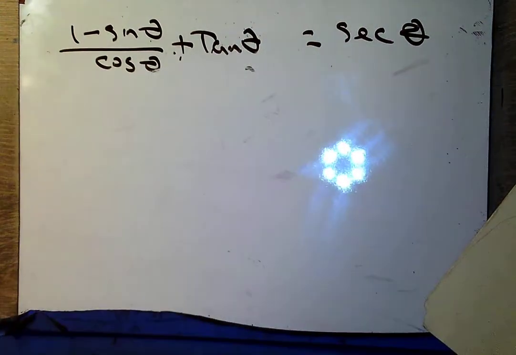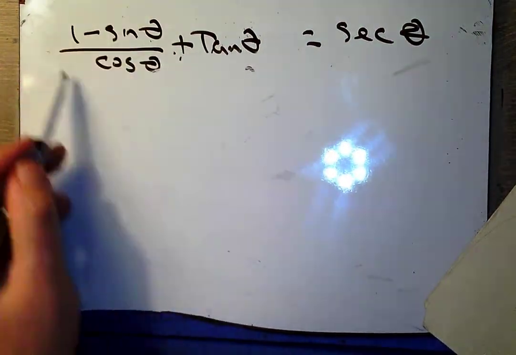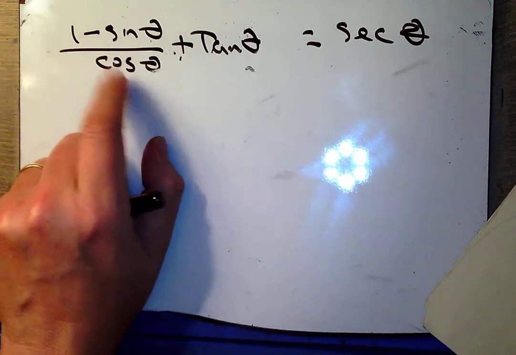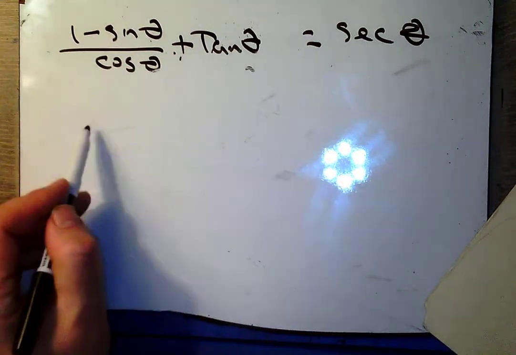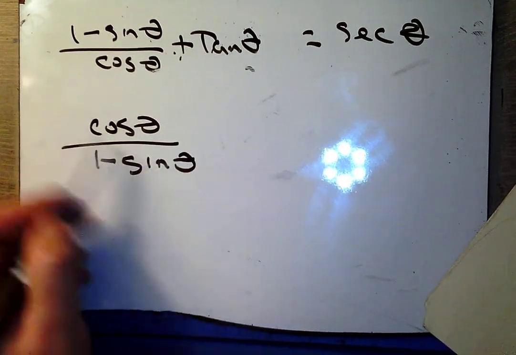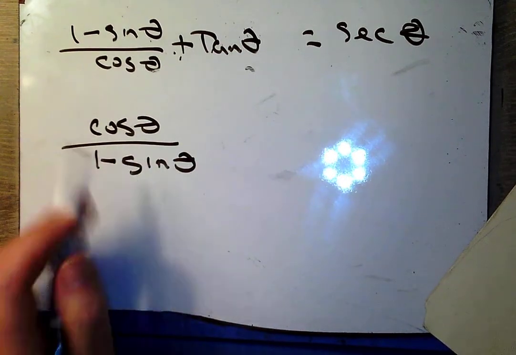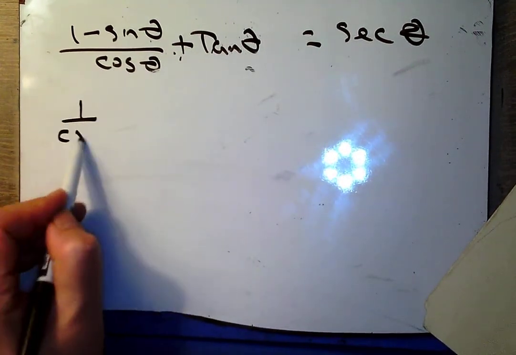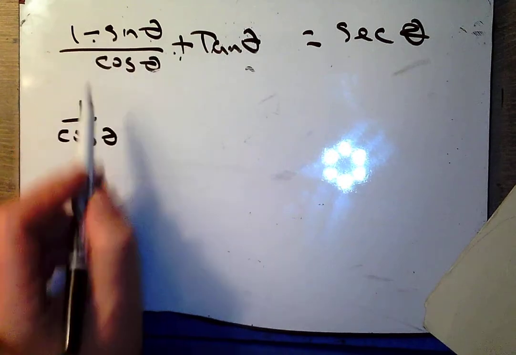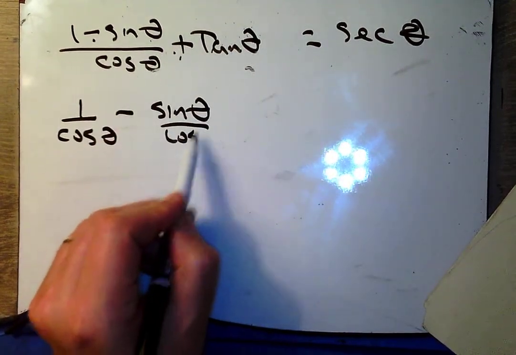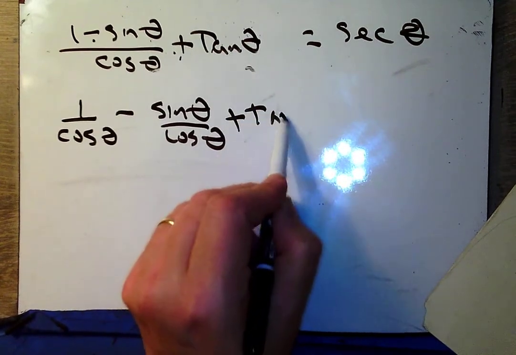I could also, with this problem, split this fraction into a couple of pieces. Remember, we can only do that when we have one object on the bottom. If I had this, I couldn't split this into 2 fractions, because I'd have 2 things on the bottom, but I only have 1 thing on the bottom. So I can say that's 1 over cosine minus sine over cosine plus tangent.